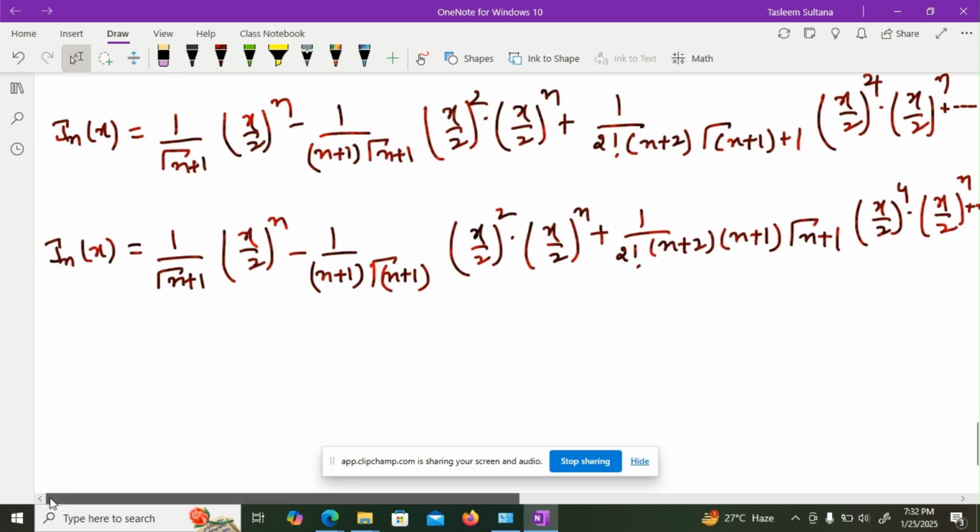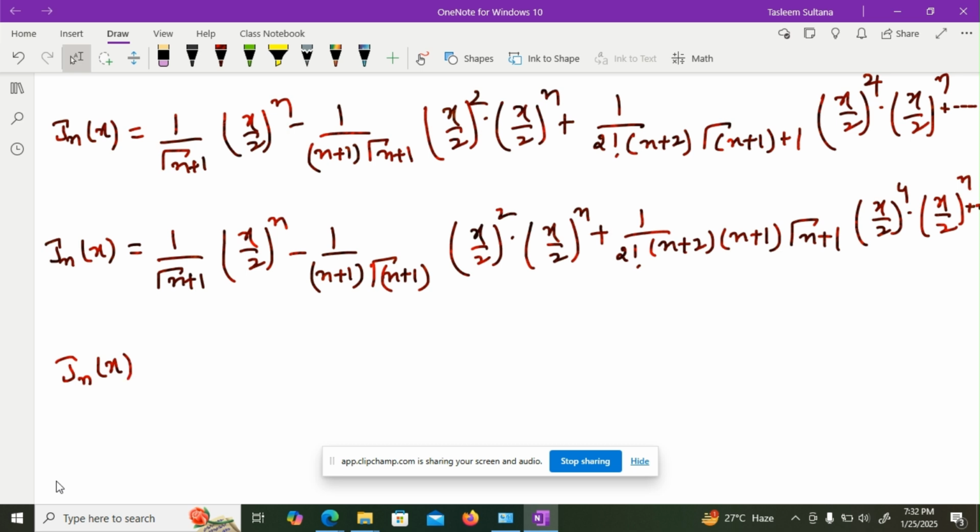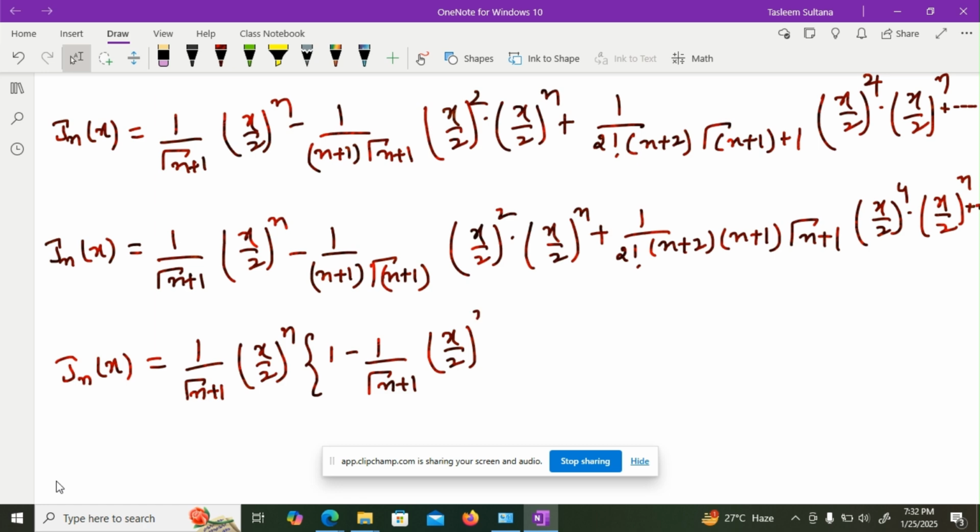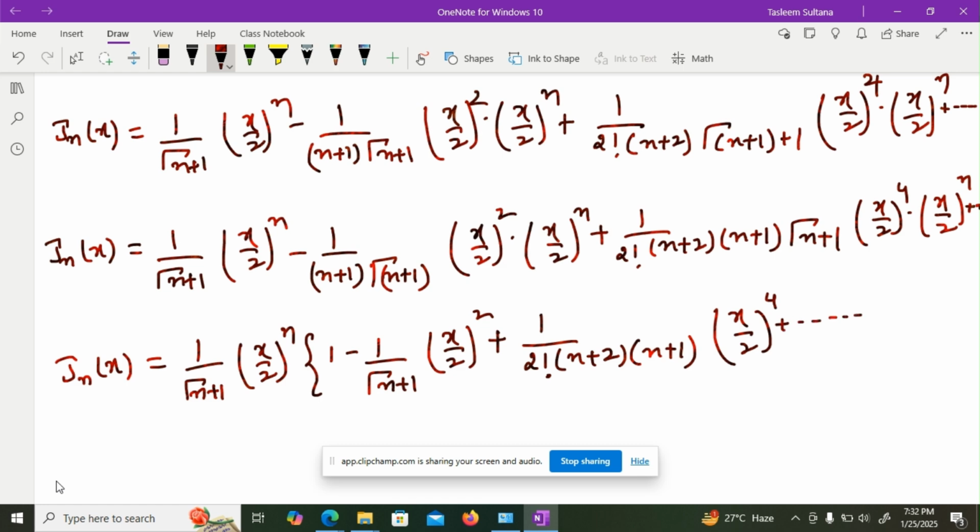So J n of x is equal to 1 divided by gamma of n plus 1 of x by 2 to the power of n, times: from the first term it's out, so it's 1, then minus 1 by gamma of n plus 1 x by 2 whole square, then plus 1 divided by 2 factorial n plus 2 of n plus 1 of x by 2 to the power of 4, then plus so on. Take this as equation number 2.